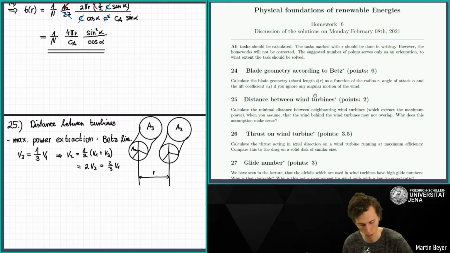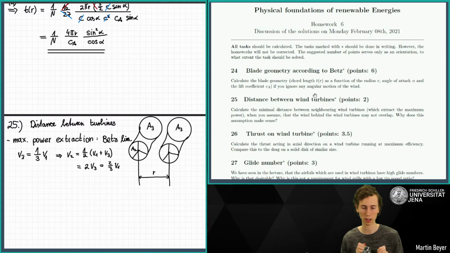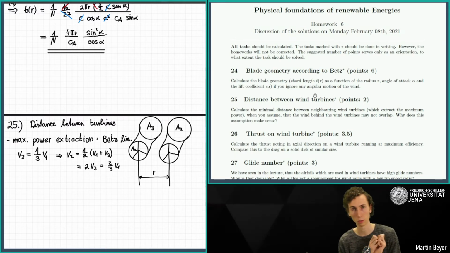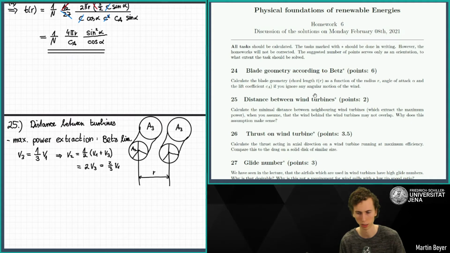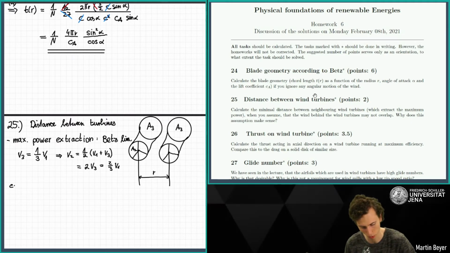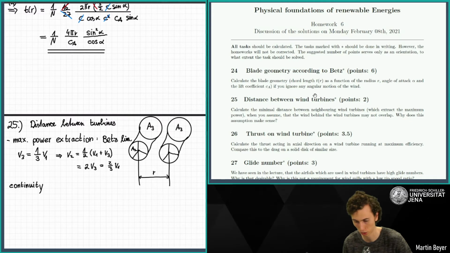So also we know that the airflow behind the wind turbine becomes larger, as I already indicated in the drawing. And what we can use here is the continuity equation. So or some sort of continuity between those areas. So we impose continuity as was done in the lecture also.